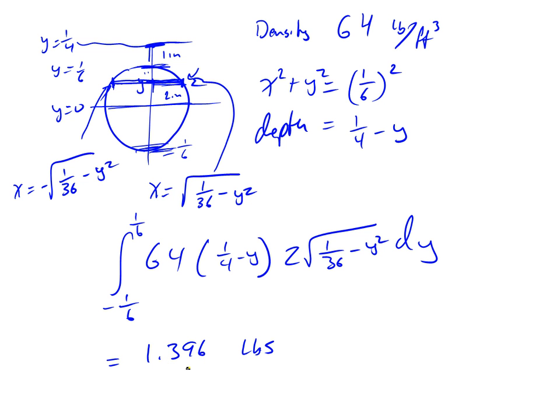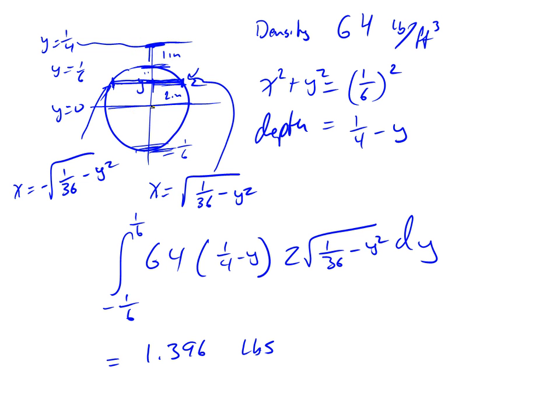My point on this one is, often you want to let y equals 0 on the top on these problems and do y is just the depth. If you do that though, then yeah, this would be a y right here, but this would be a different formula because of what the equation of the circle would have to be if 0 was here, right? This would be shifted down 1/4.